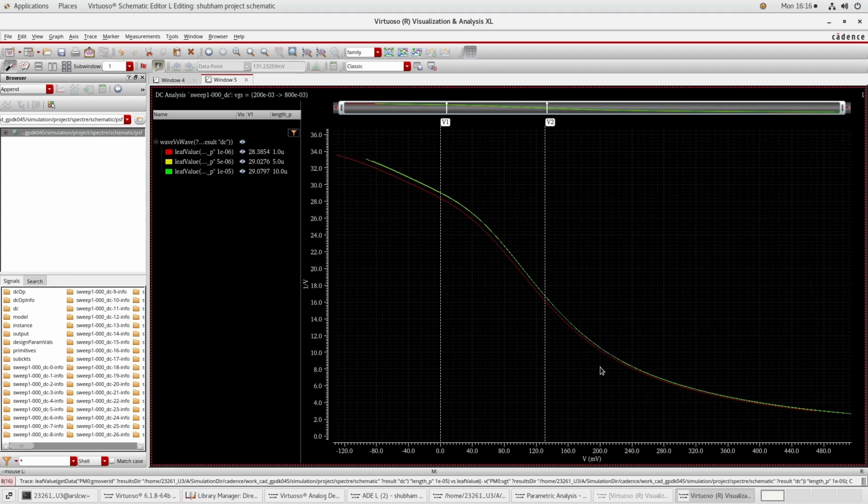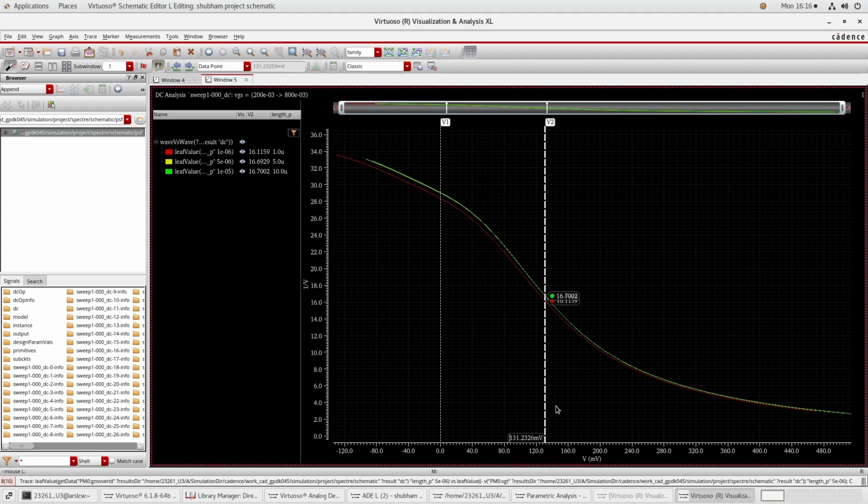Higher V overdrive means a higher inversion layer, and that will be strong inversion. So what will the gm/ID values be? Suppose I say 16. Here its value is 30, and here its value is 16, corresponding to 130 millivolt.